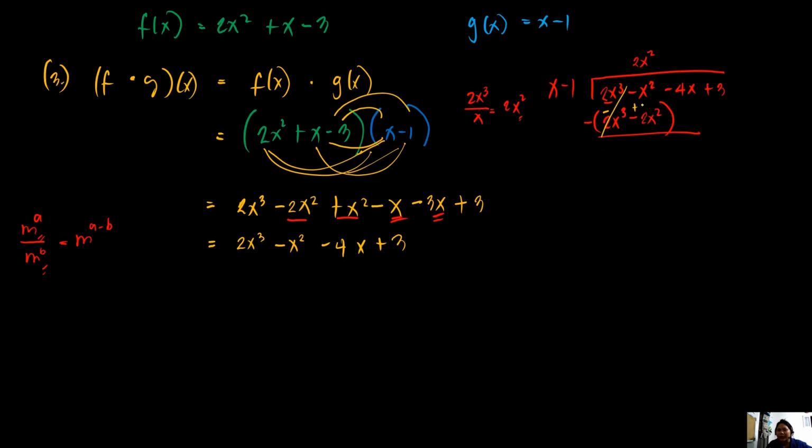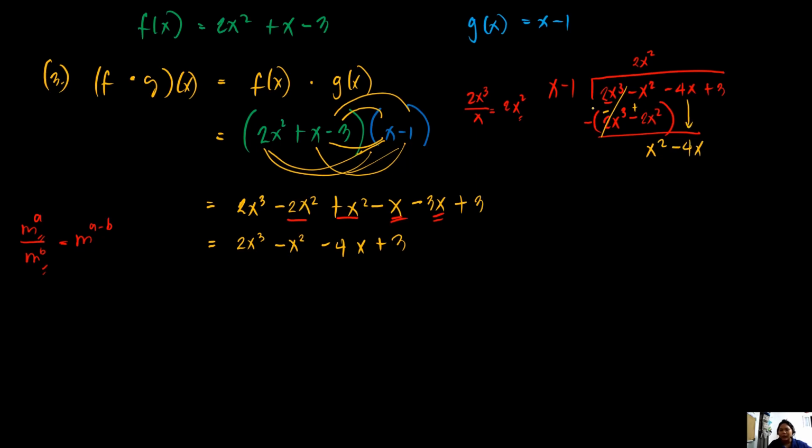Negative x squared plus 2x squared, the answer is positive x squared. Okay, so we will have positive x squared. Now let's bring down negative 4x.